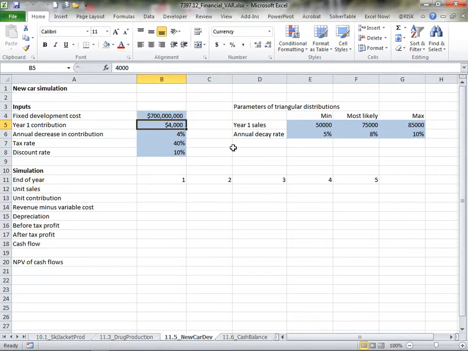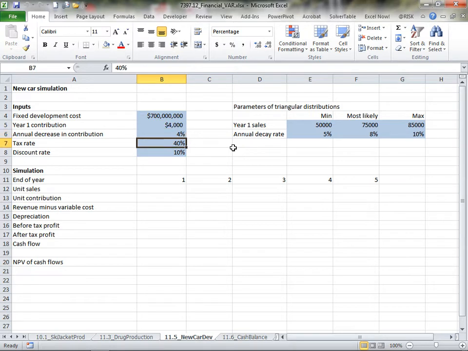Now, contribution is another way of saying margin per unit. So starting in year one, we expect to have a margin of about $4,000 per vehicle. We expect, as the model ages, that its contribution will decrease by 4% a year.